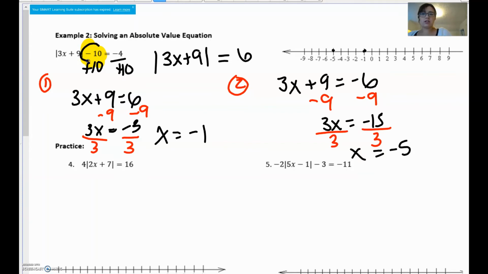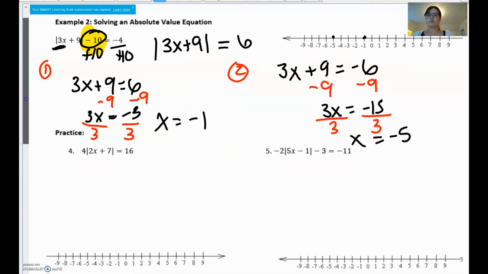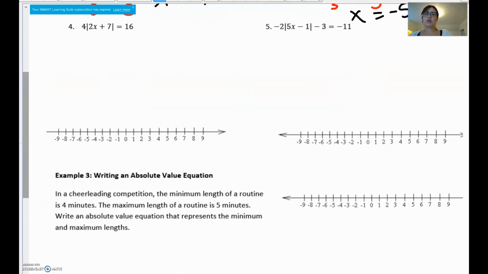That's because of this extra operation in this 3. So for 4 and 5, we are going to remember these extra operations and move those over first. How do you move those over? Your inverses.